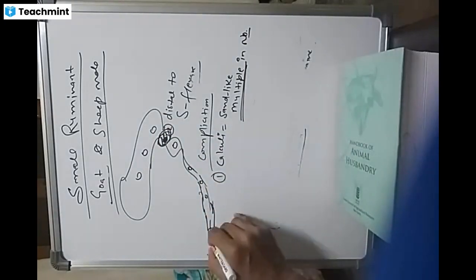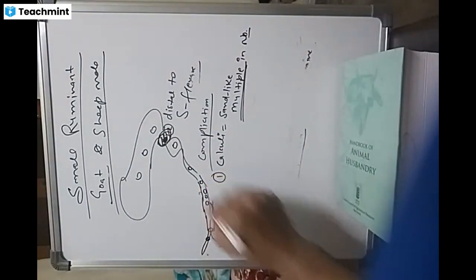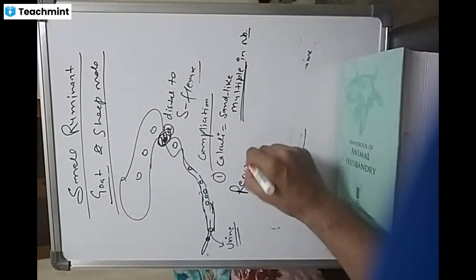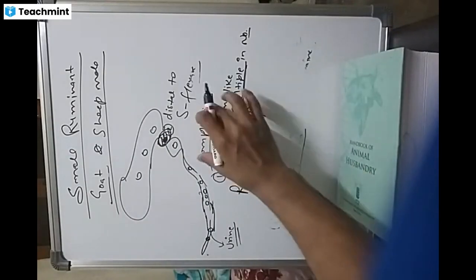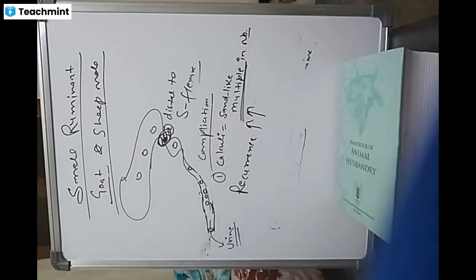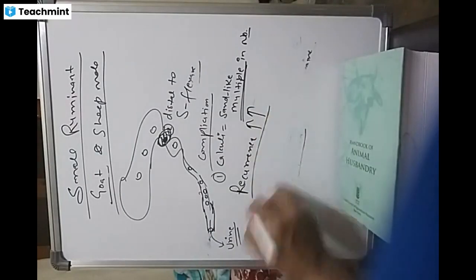Suppose you remove the calculus from the urethral process, the others are still present here. The chances of recurrence are more. This is the most common complication if you remove the urethral process.